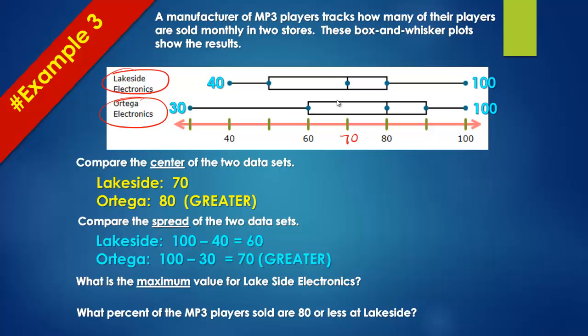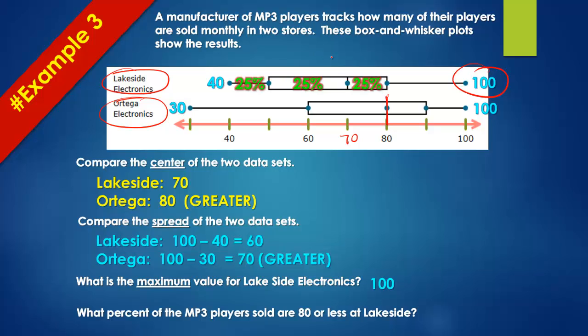The maximum value for Lakeside Electronics, we said, was 100. So that's easy to answer. And then what percent of MP3 players are sold for 80 or less at Lakeside? Now remember I said, don't forget about the numbers here. This is 25%. So each part of this is 25%.